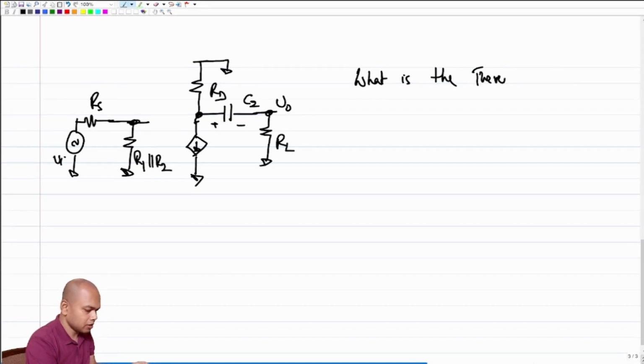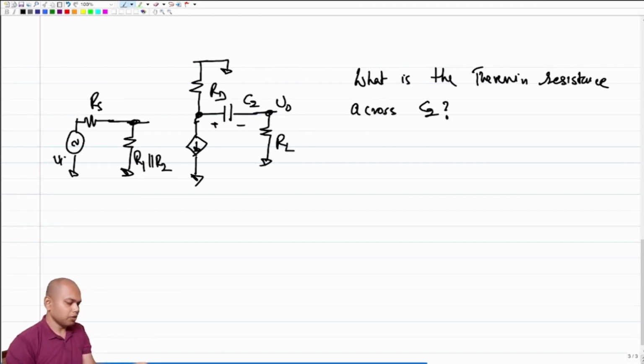So what is the Thevenin impedance, or Thevenin resistance in this case, across C2? What will you do?